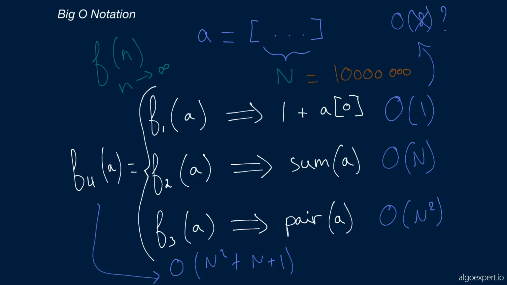Or a different way of putting it is that this n and this 1 become insignificant next to this n squared. And so from an asymptotic analysis point of view, this expression would be simplified to O of n squared. We would not put O of n squared plus n plus 1.